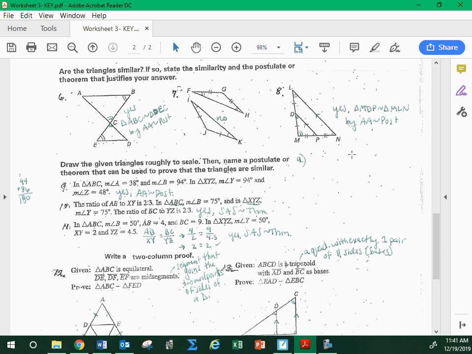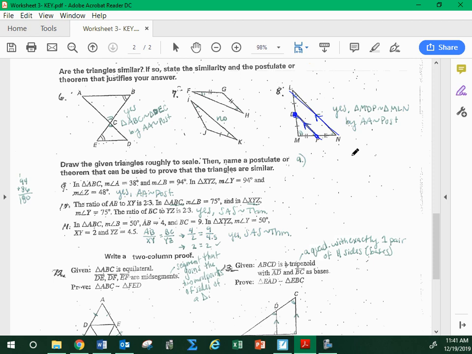What do we call that segment when we connect the midpoints in a triangle? Mid-segment, good. The segment that connects the midpoints, mid-segment. And the triangle mid-segment theorem says that our mid-segment is parallel to the third side, as well as half the length of the third side. So that's how I knew that those were parallel.